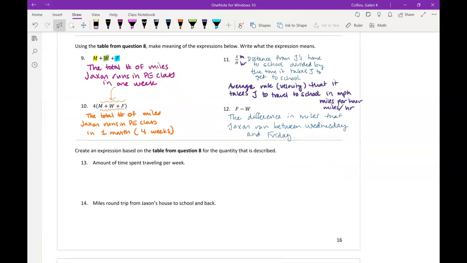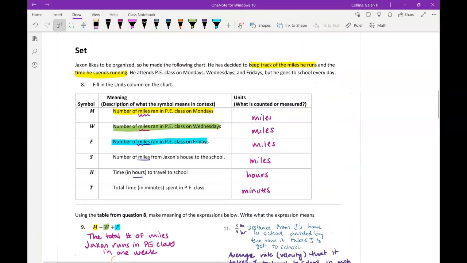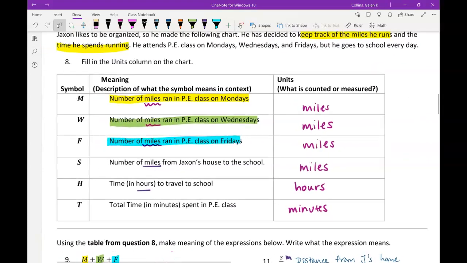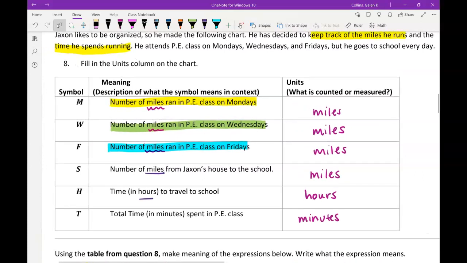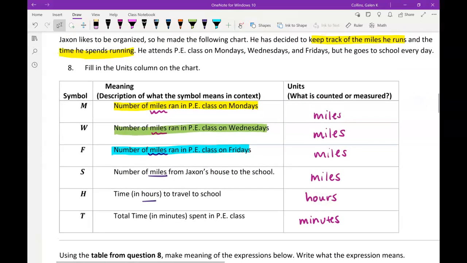All right, for 13 and 14, we are asked to create an expression based on the table from question 8 for the quantity described. So in 13, it says the amount of time spent traveling per week. Now, the word traveling here, you could argue that's a little bit vague, but I'm going to say that when Jackson is running in his PE class, I'm not considering that travel.